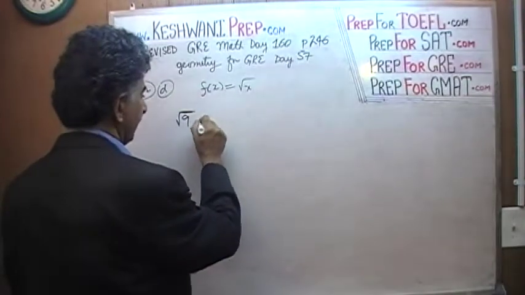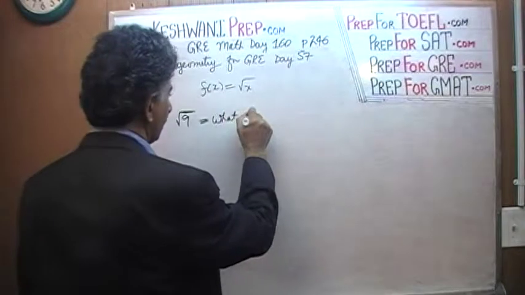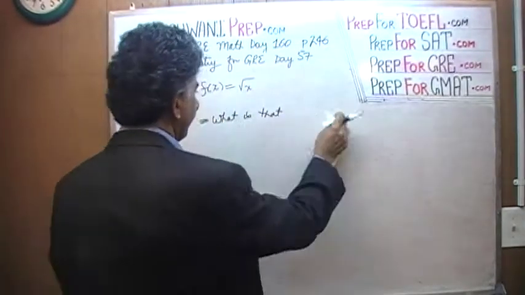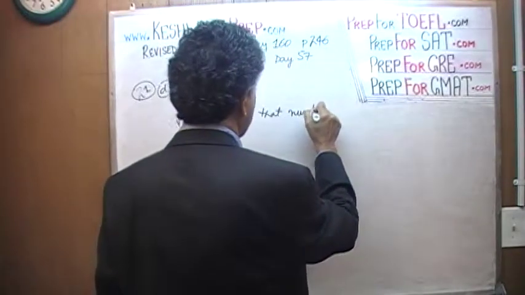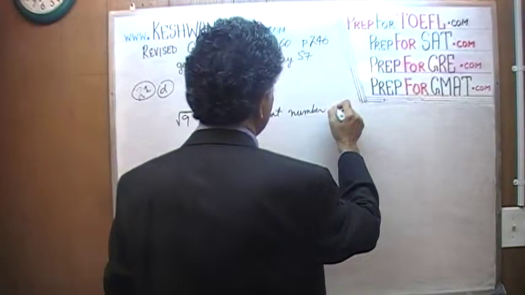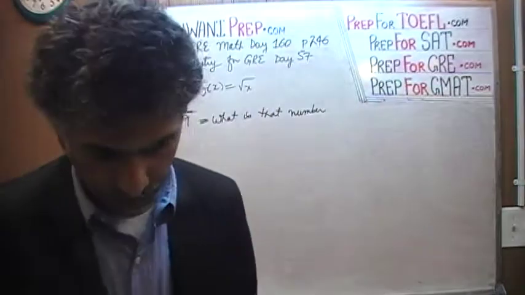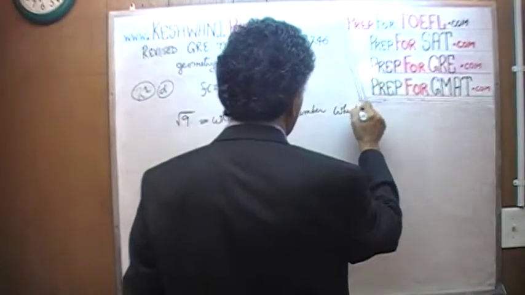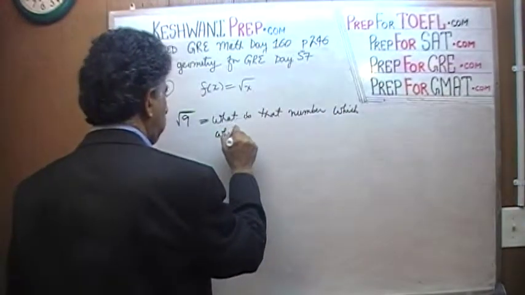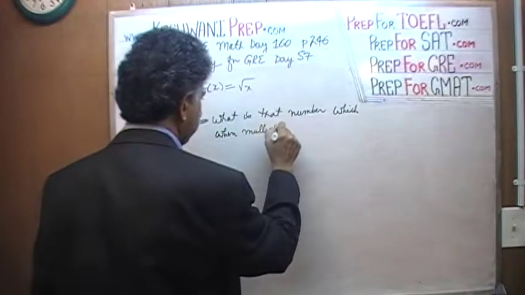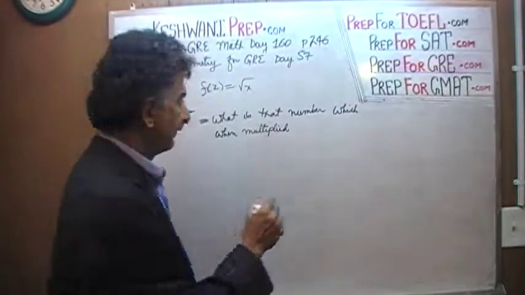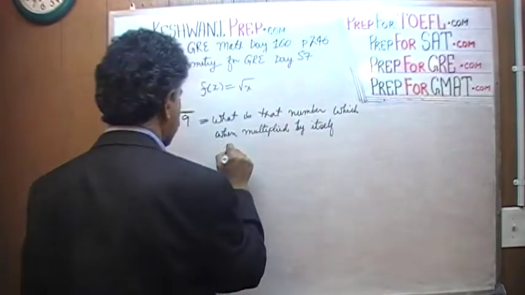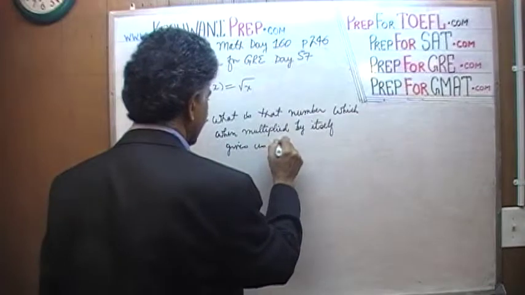What we are asking here is, what is that number which, when multiplied by itself, gives us 9?